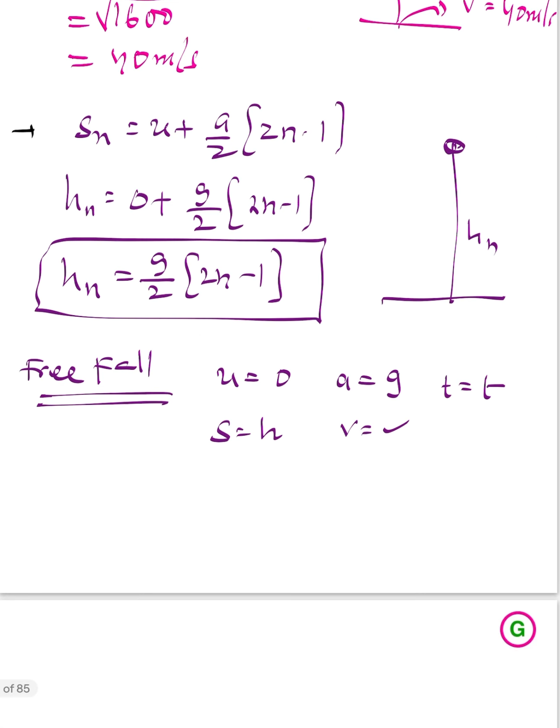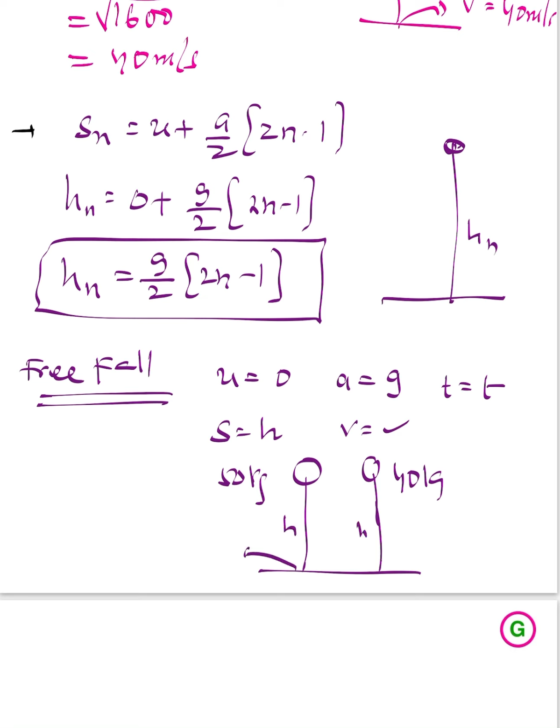But suppose a body of 50 kg is dropped and another body of 40 kg is dropped from the same height. Then the time taken, t1 and t2, will be the same. That means irrespective of the masses, 50 kg and 40 kg, the time depends only on the height.